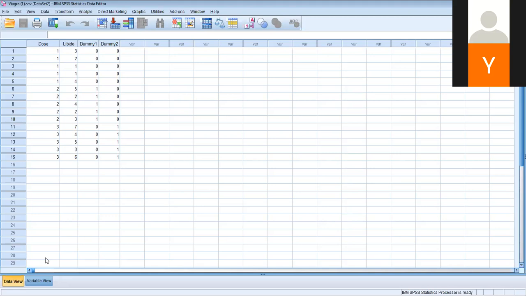That's your 1 dummy because there are 2 categories. If it is yes or no, you create dummy 1 for yes, 0 for no. If there are 4 categories, we create 3 dummies. With 3 categories, we create 2 dummies. The one you hold constant is 0, 0 for the 2 dummies.